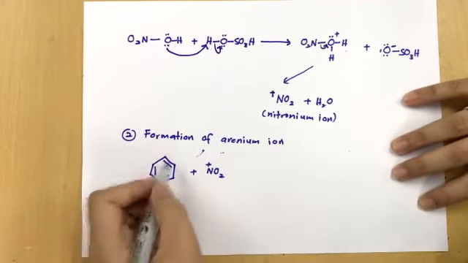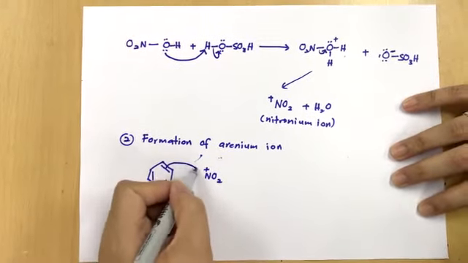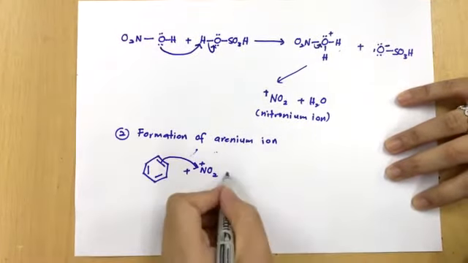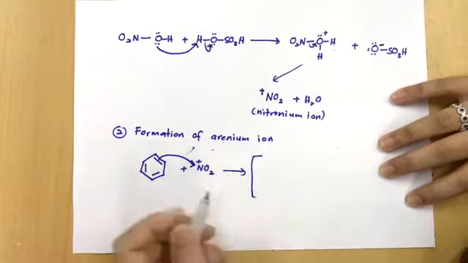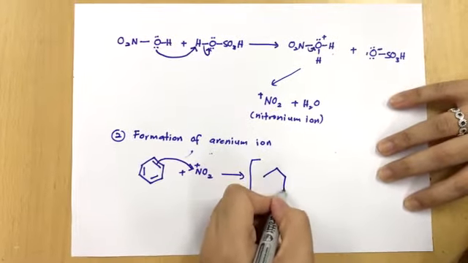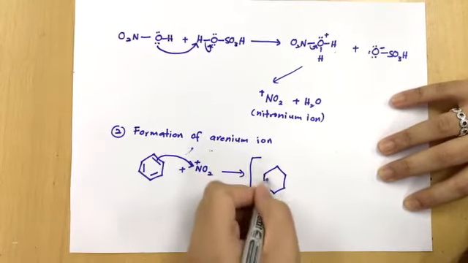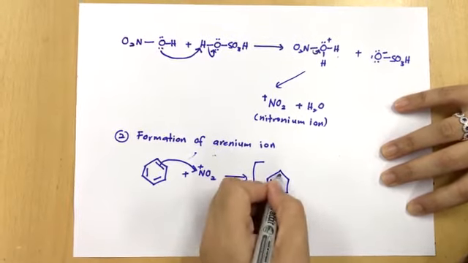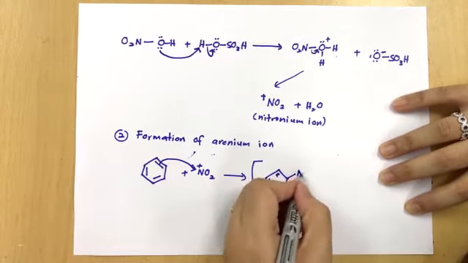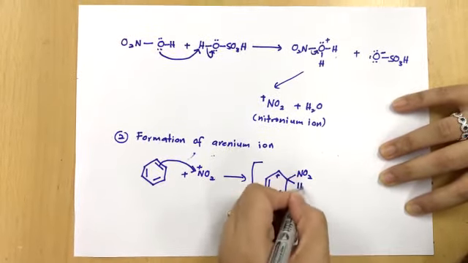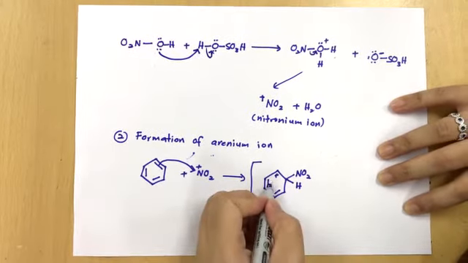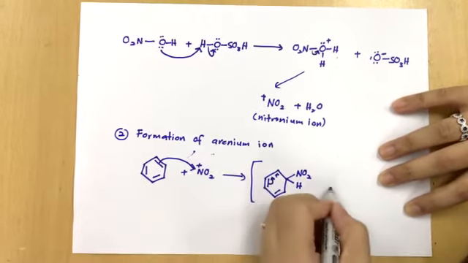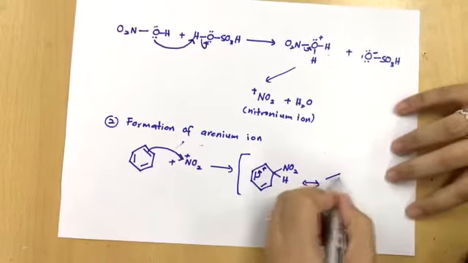We show the arrows from benzene to the nitrogen ion, and arenium ion will form. Please remember, you have to draw 3 arenium ions because of delocalization of electron, resonance.